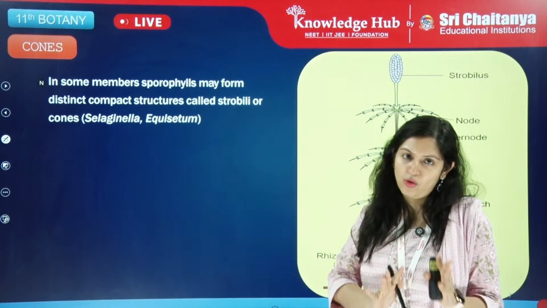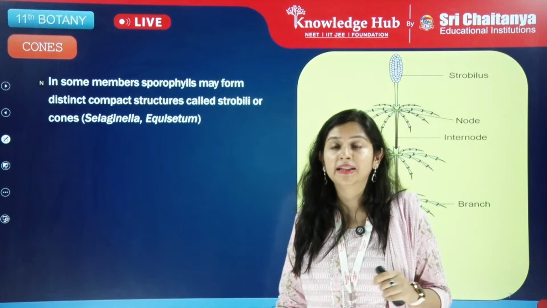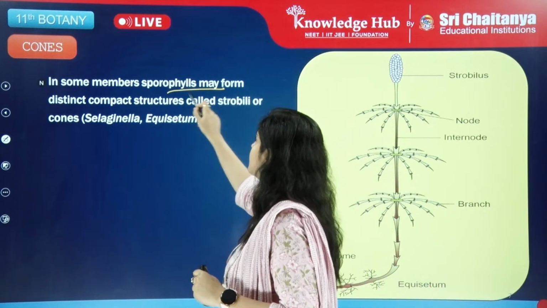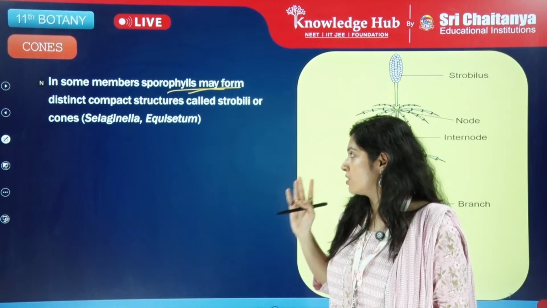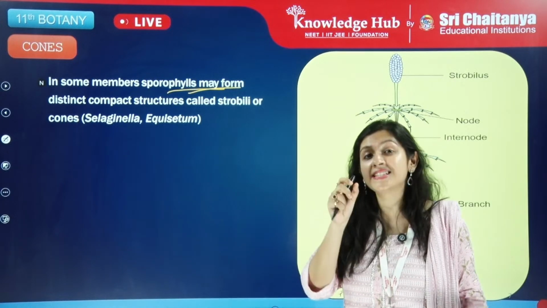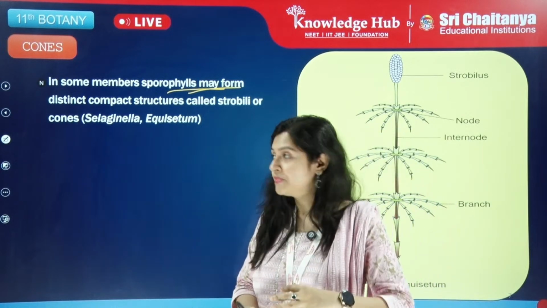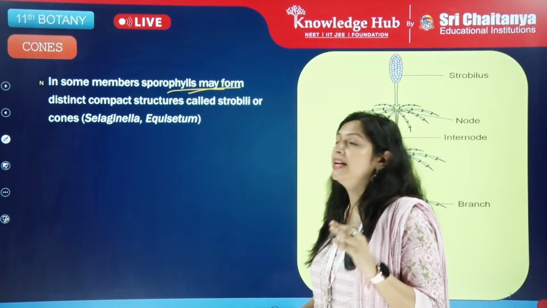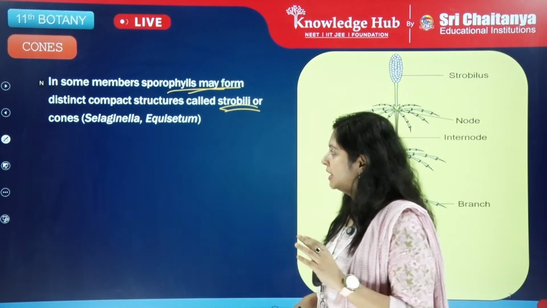In some members, sporophylls may form distinct compact structures, and these compact structures are called the strobili or the cones, correct?